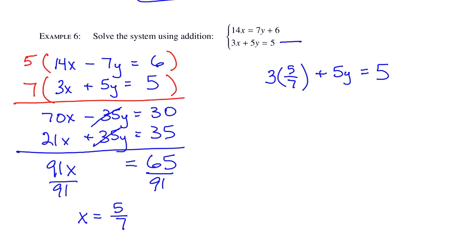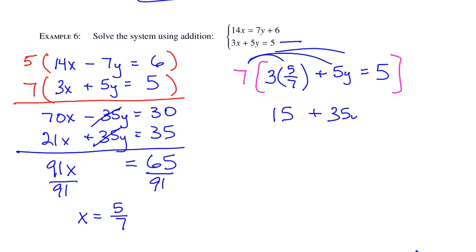I don't like working with fractions, so I'm going to multiply everything by 7. The 7 is going to distribute to all of these. The 7 cancels with the 7 in the denominator on the first one, but it multiplies on the y.